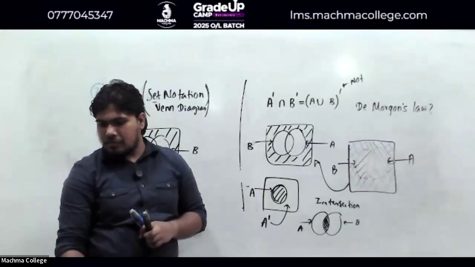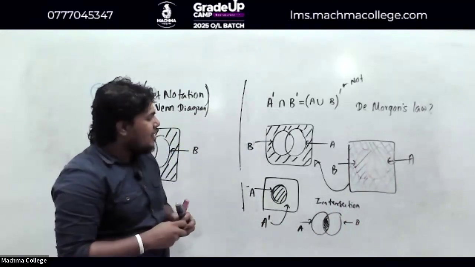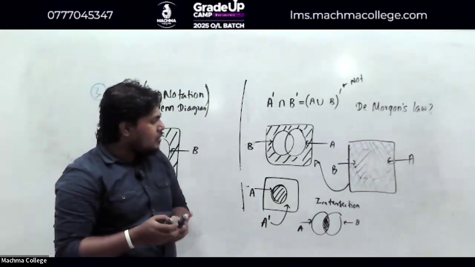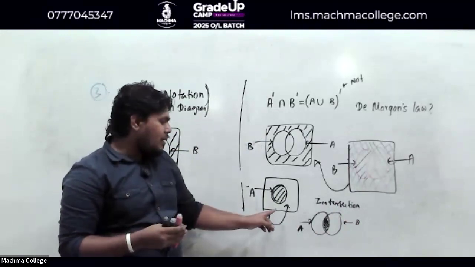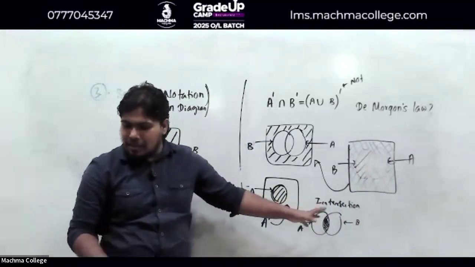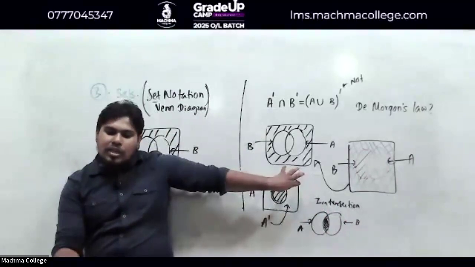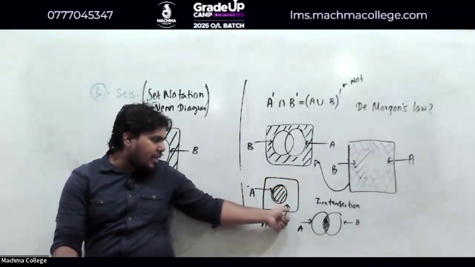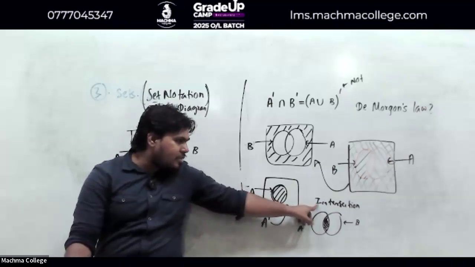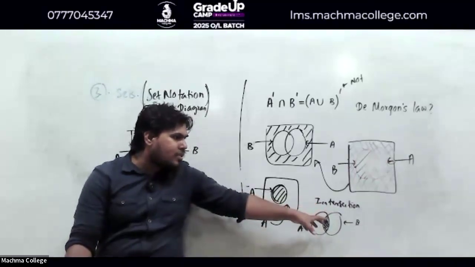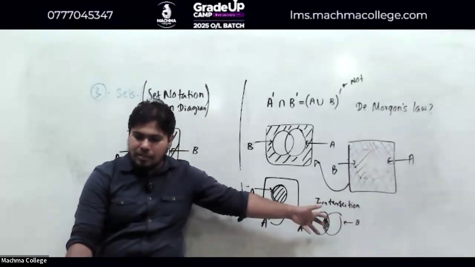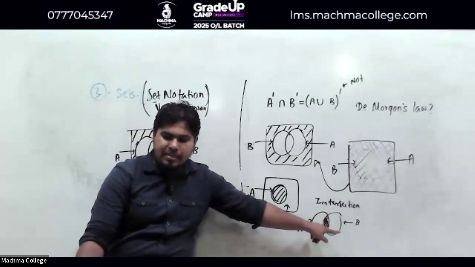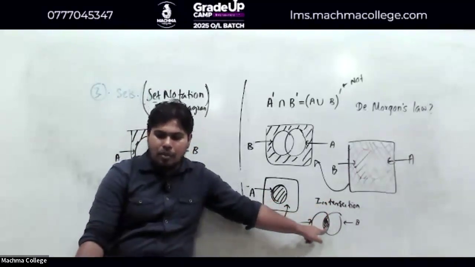Understood? Once more. What's the exact part you didn't understand? You're confused with the terms complement and intersection. Complement means outside of a set. A complement means outside A. Intersection means if you take two or more sets, the common region of them. For this set A and set B, intersection is the common region for both of them.